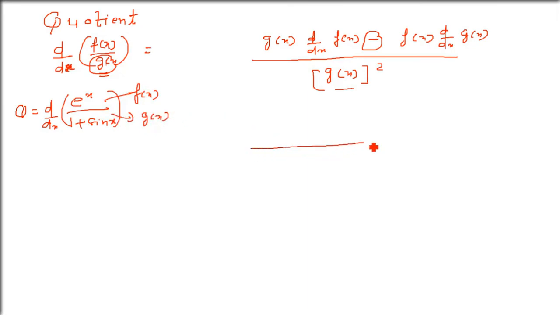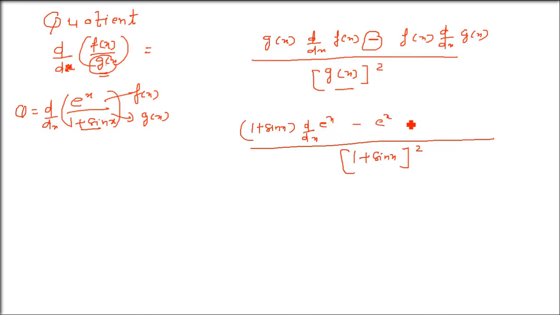As I told you, first in the denominator take g(x), 1 plus sin x, and square it. We don't have to do any differentiation here, only square it. Start with 1 plus sin x, then d by dx of e^x, because e^x is remaining. Now the negative sign, subtraction, and take e^x outside, and now 1 plus sin x has to be differentiated.